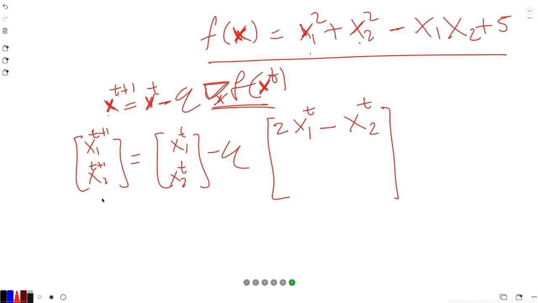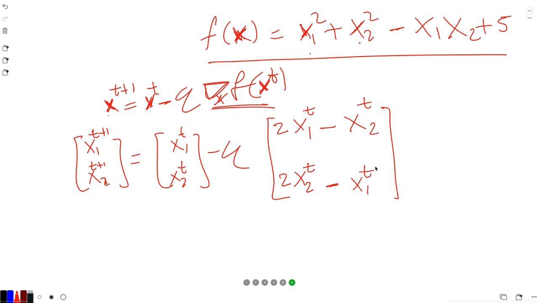The second equation: x2 at t plus 1 equals x2 at t minus eta times, now we differentiate with respect to x2, so we have 2 x2 at time t, and then minus x1. Of course, you can use the latest adapted value at t plus 1, but sometimes it can cause a stability problem. So to be more sure, you can just put time t here.